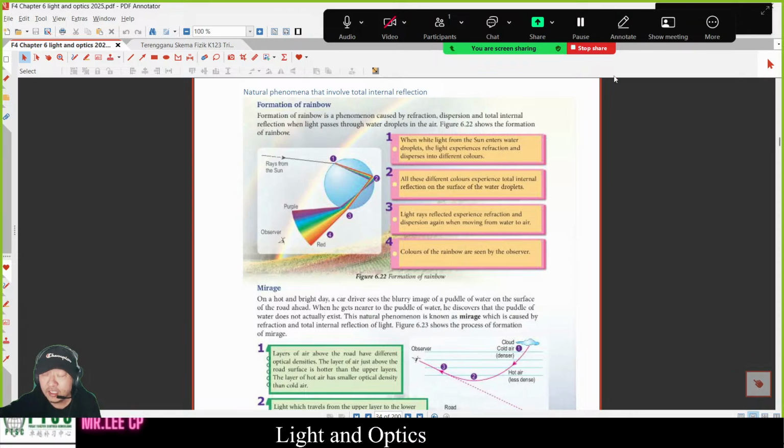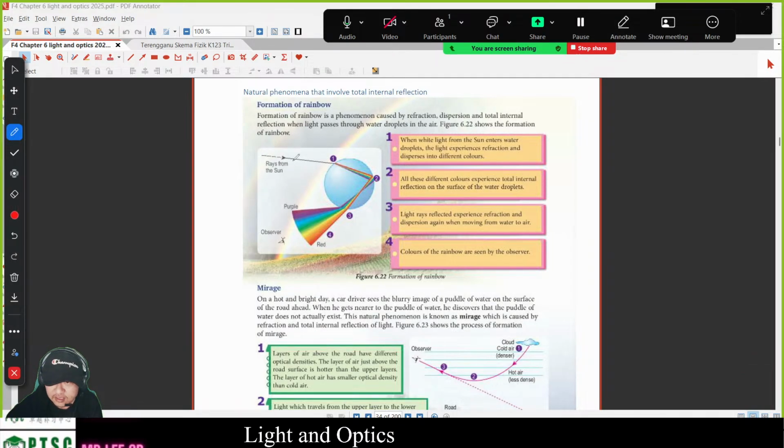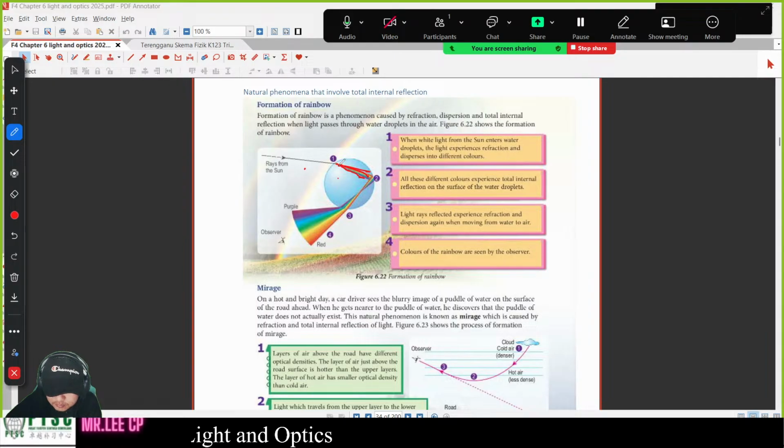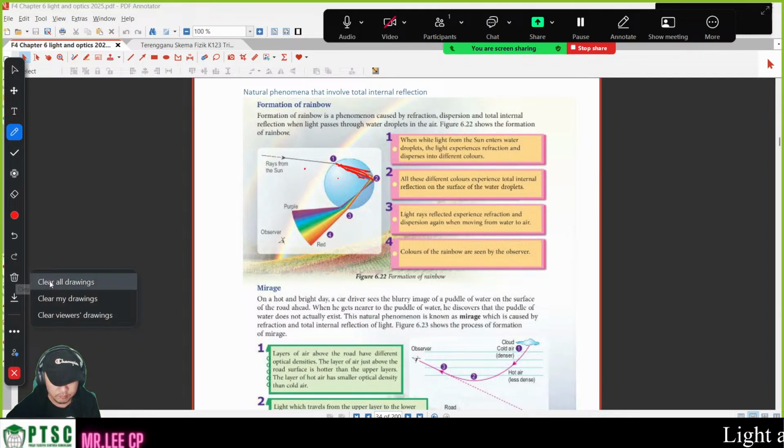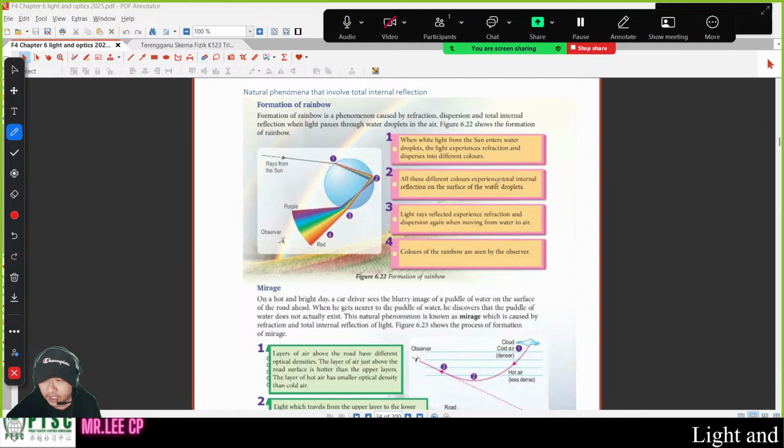Meaning that the first one is the light going from less dense to denser, so it will disperse. Disperse means it will change into many colors. Why does it change into many colors? Because the speed of the light is different for different wavelengths. Okay, all these different colors experience total internal reflection at the second point here.